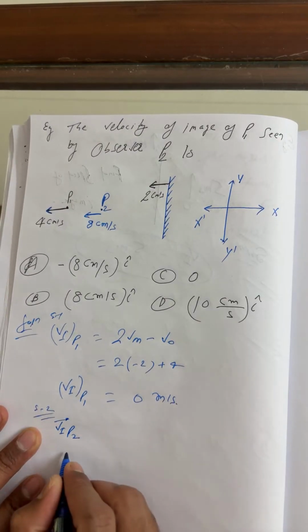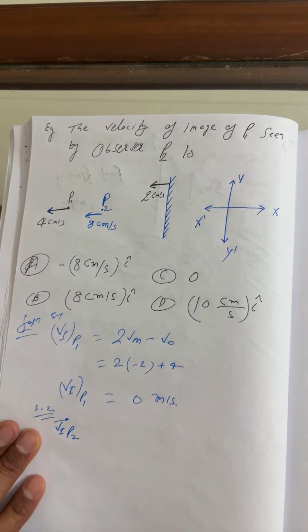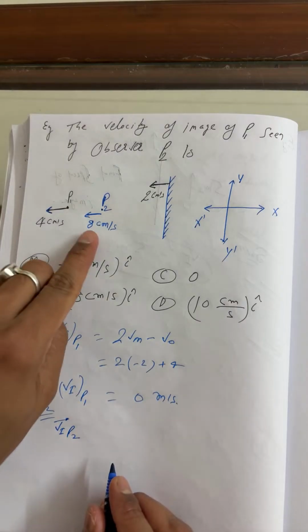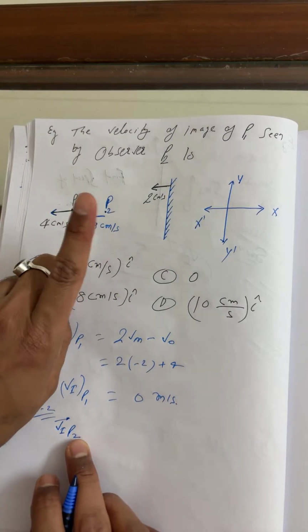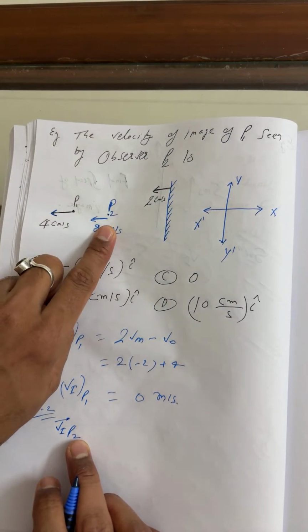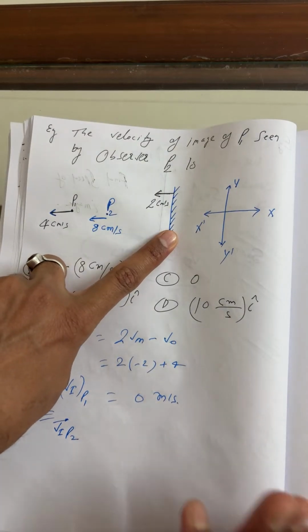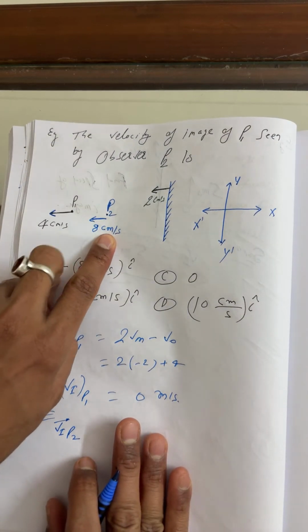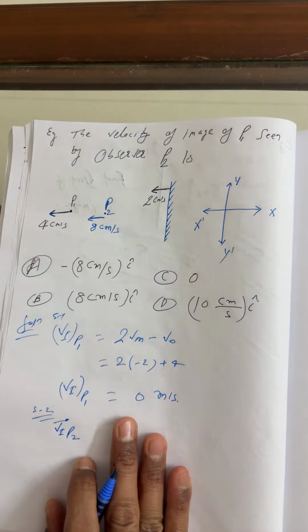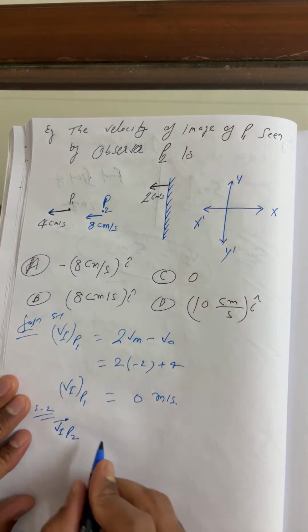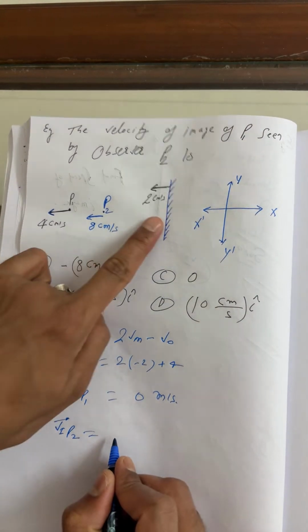So for this condition, what can we write? Just keep in mind, with respect to the observer, the mirror remains at rest. With respect to the observer, the mirror remains at rest here.